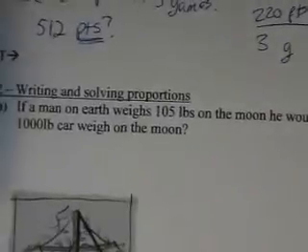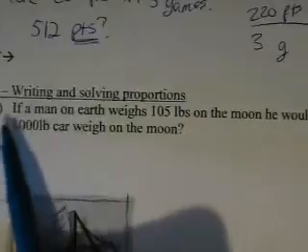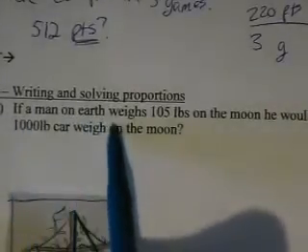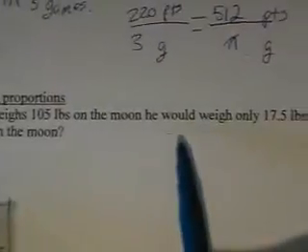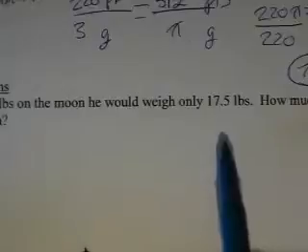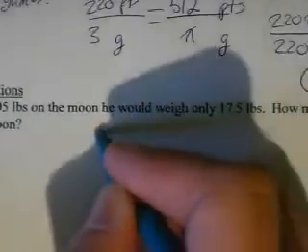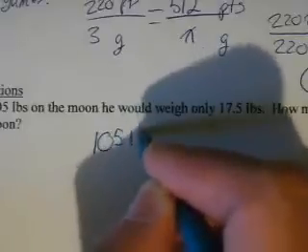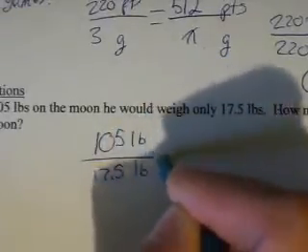Now, example B, more practice. It's just the same stuff. It says here, if a man on Earth weighs 105 pounds, on the moon he would only weigh 17.5 pounds. Okay, without even reading the rest of it, I'm going to write down part of my proportion. 105 pounds, 17.5 pounds.